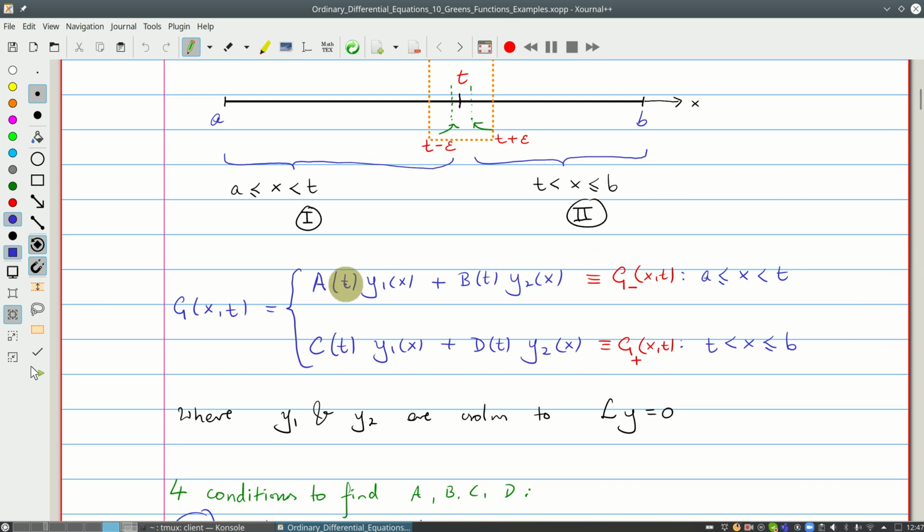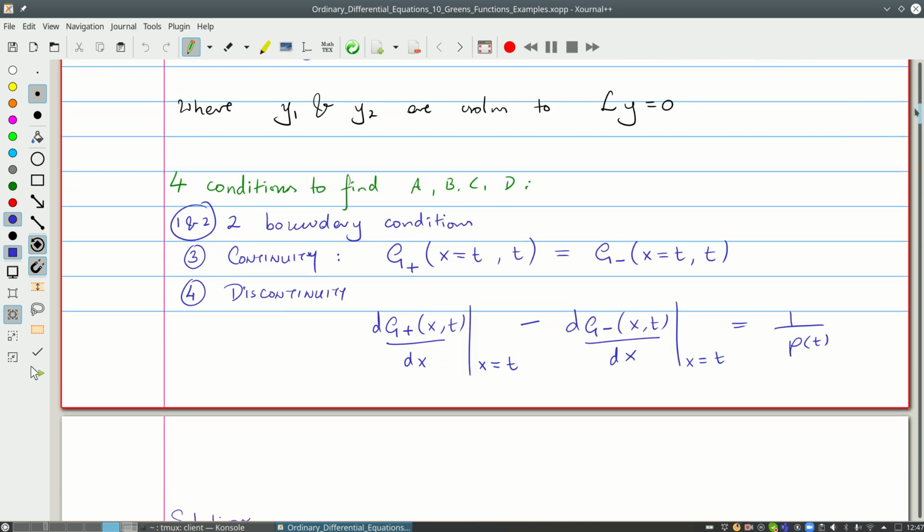Alright, we have 4 unknowns a, b, c, d, so we need 4 conditions to solve, and those 4 conditions are as follows. 2 of them are boundary conditions. The third is a continuity condition, which says that g plus when x is equal to t must be equal to g minus when x is equal to t. This was imposed, and this is valid only if you're dealing with a second or higher order ODE.